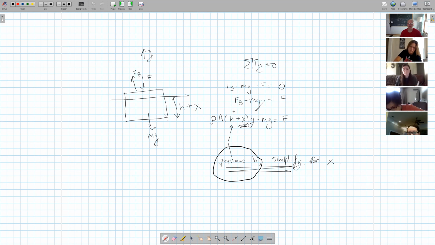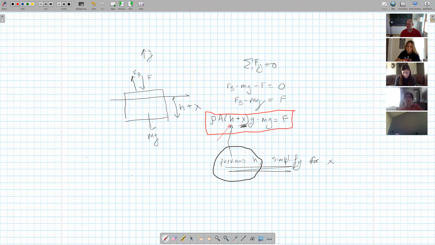But now the buoyant force is going to be rho times A times H plus X instead of just H. So once you get it into this form, use that H that you just solved for, plug that in here for this H, and then simplify and solve for X. Okay.